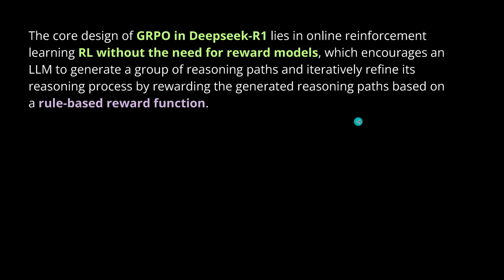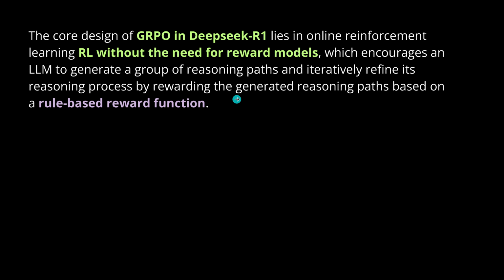Now, you know, short history, DeepSeek R1, beautiful. Power was primarily on GRPO, an online reinforcement learning without the need for a complex reward model. Because GRPO in DeepSeek R1 encourages an LLM to generate a group of reasoning paths and iteratively refine its reasoning process by rewarding the generated reasoning path based on a rule-based reward function.